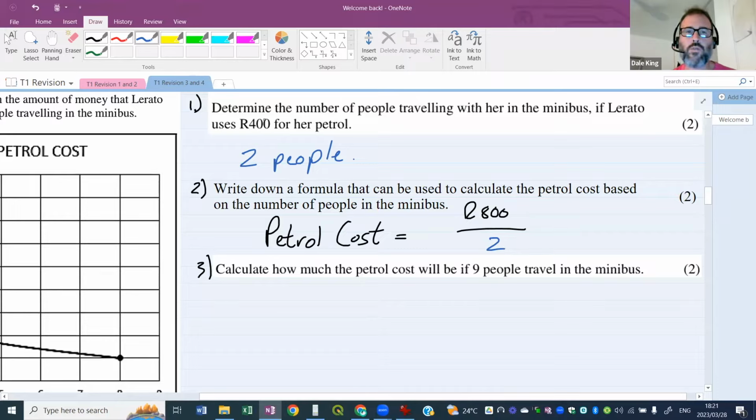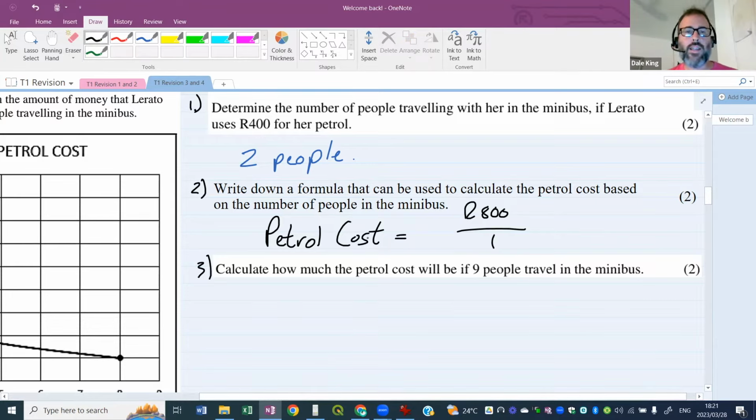And that's what question 1 said, 400 petrol, and we got an answer of 2 people. So it does work. It also works if we start off with just 1 person. Okay. So if you take the 800 Rand for the minibus and divide it by 1, that'll cost you 800 Rand because you're only 1 person. Okay, very good. So our formula works.